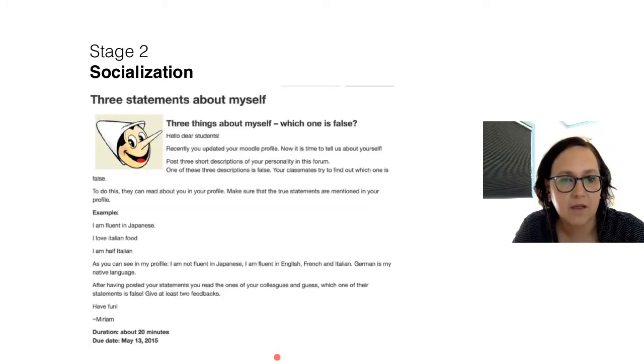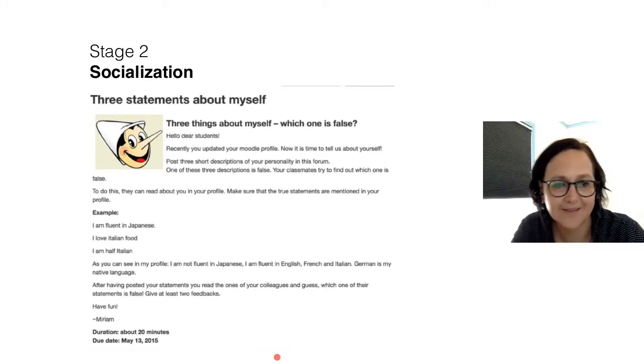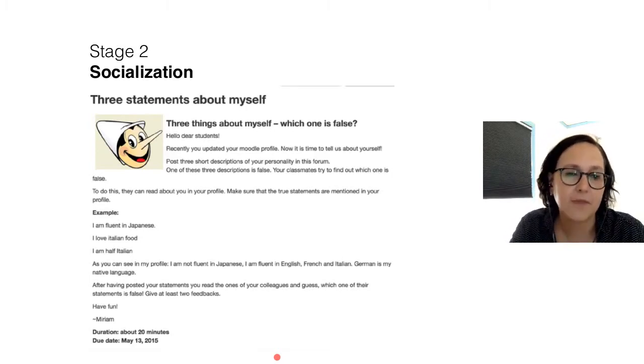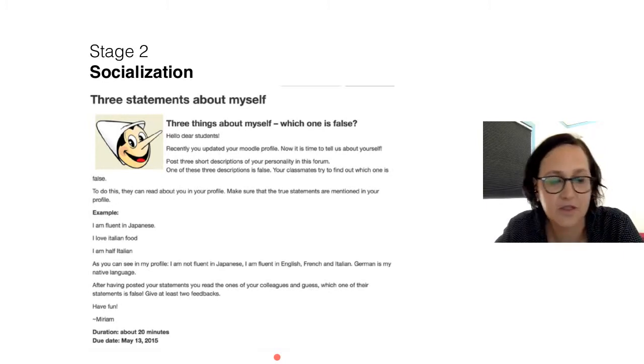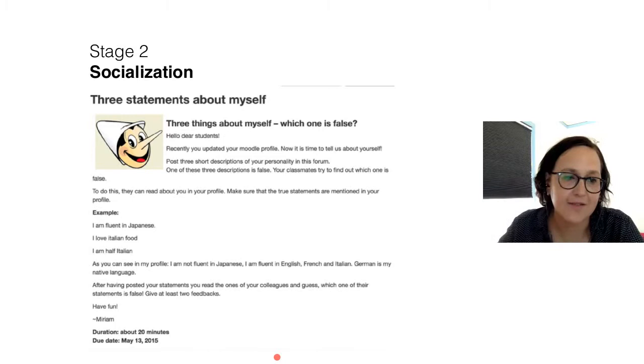This is our standard game. It's a little game where people are asked to make 3 statements about themselves, and one of those statements would be false. So the others could go to the profiles of the learners and search for the truths and lies in those statements.